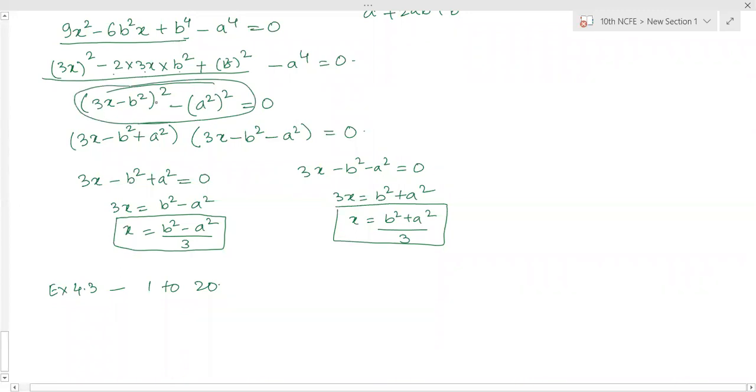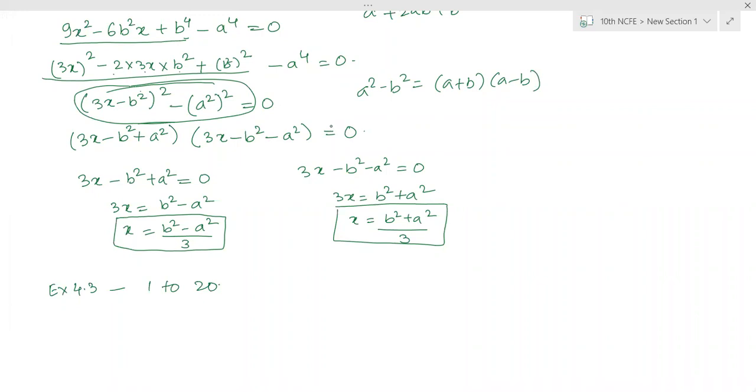This full term is a square, this full term is b square. So the factors of a square minus b square are a plus b into a minus b. So what is a? 3x minus b square is a. And what is b? a square. Okay, ma'am, understood.